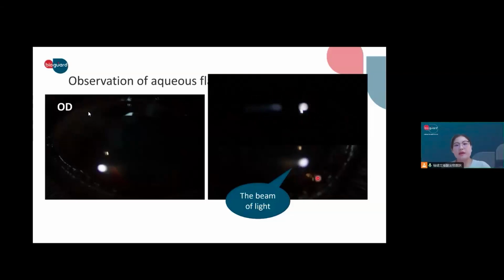But when the eye has aqueous flare, we see a light spot on the cornea and then a continuing beam of light in the anterior chamber. So this is the phenomenon of aqueous flare.